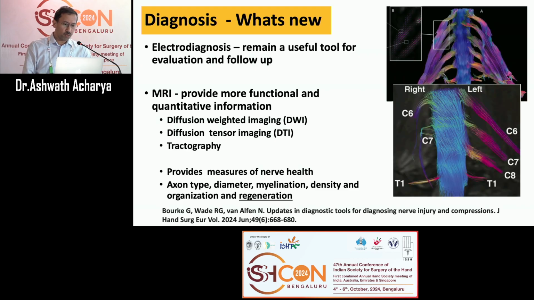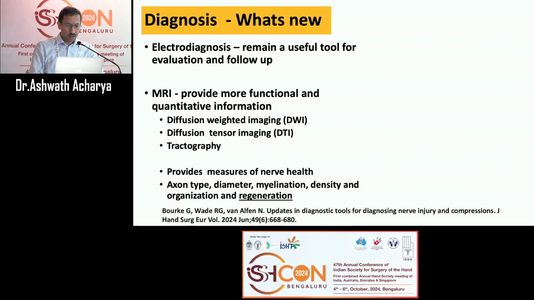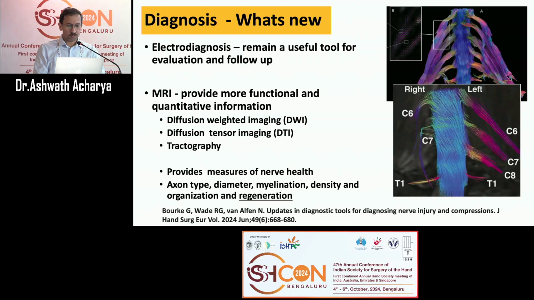So now moving on to the diagnostic aspect. We still rely on electrodiagnosis, and not much has changed. But what we have seen is in the MRI, where new research has come up and new kinds of images, one of them being diffusion weighted imaging and diffusion tensor imaging, where you can actually see the axonal type, diameter, myelination, density and organization on a microscopic level.